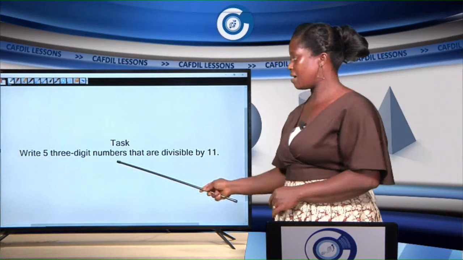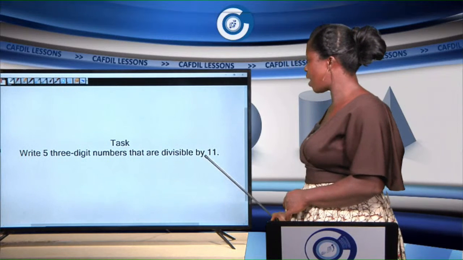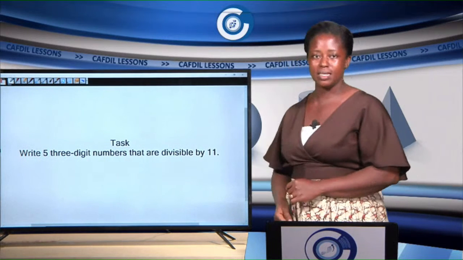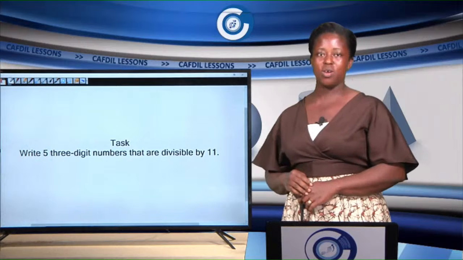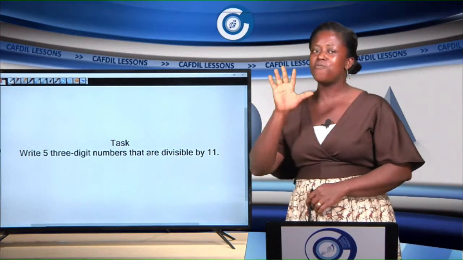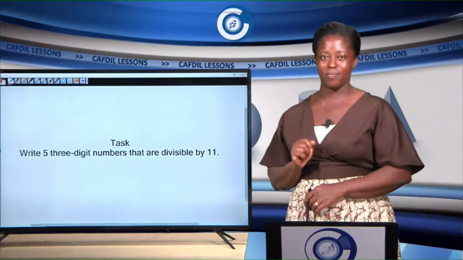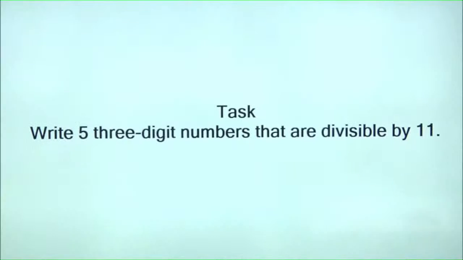I want 3-digit numbers that are divisible by 11. You are going to write just 5 of them for me. So I will give you just a minute to copy your task into your exercise books. And it starts now.